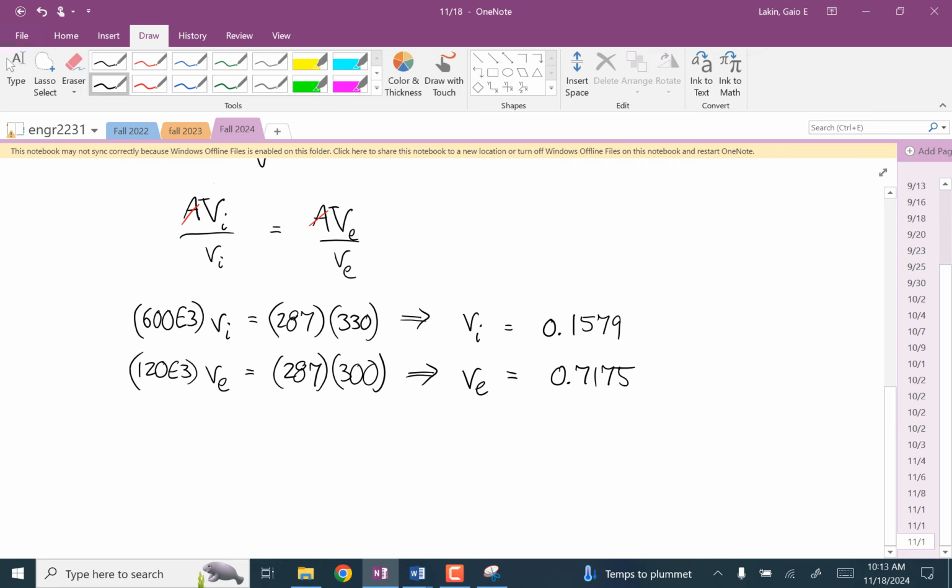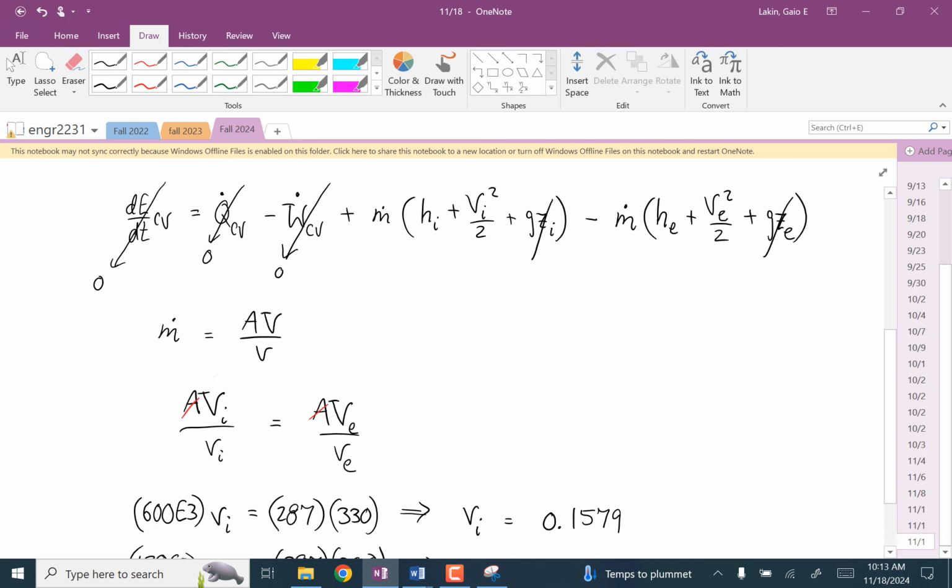And so Vi times the little v exit that we just found is equal to 0.1579 times Ve. So we'll think of that as our first equation.